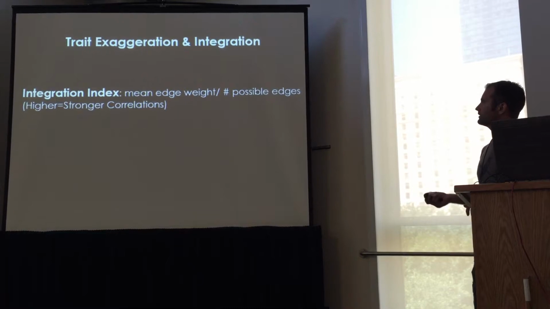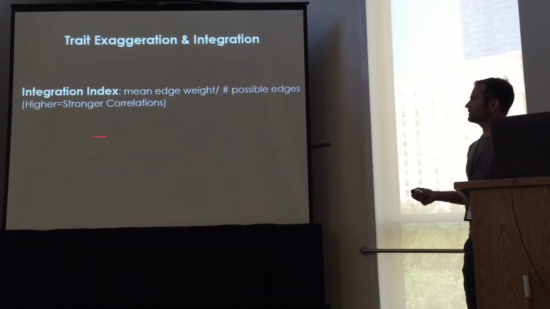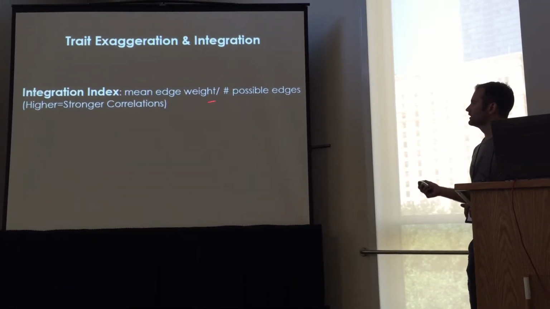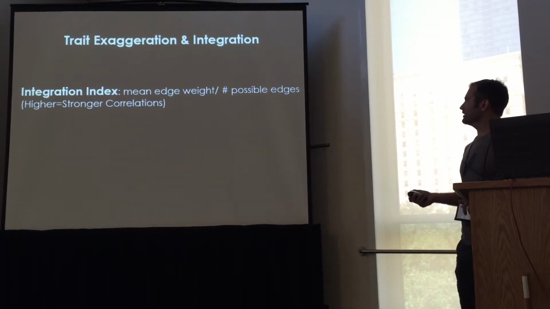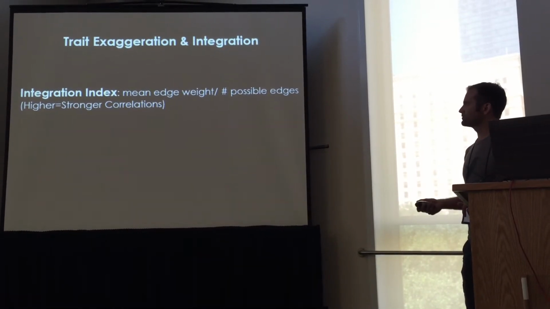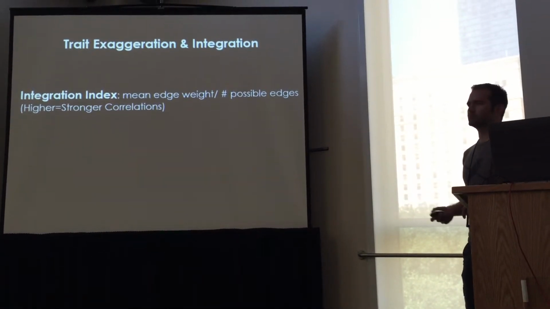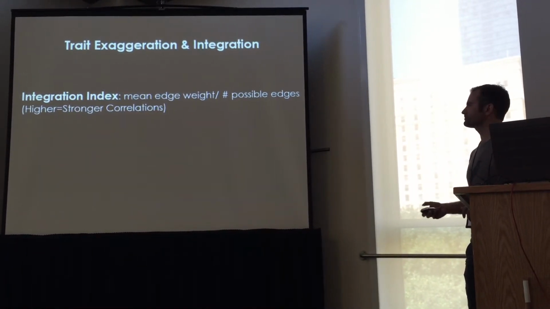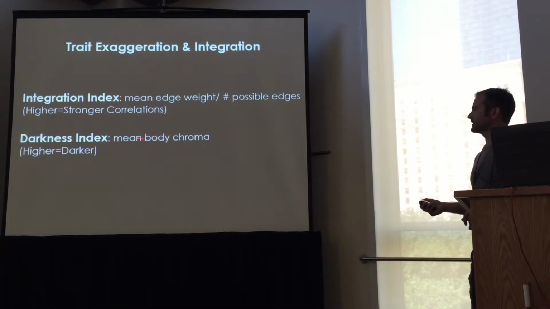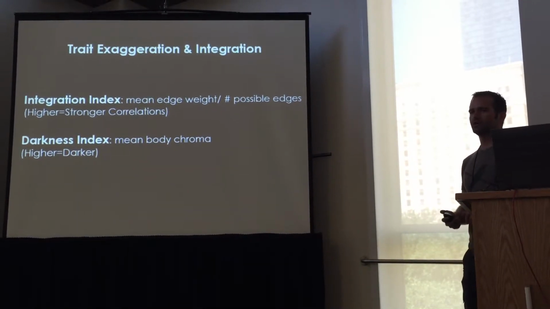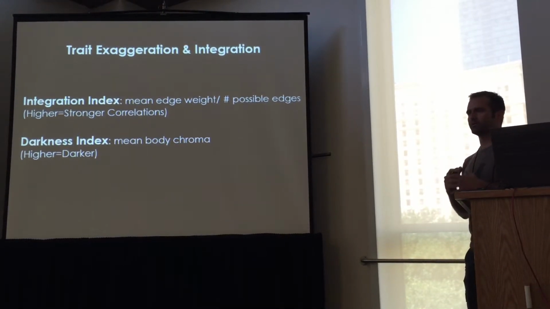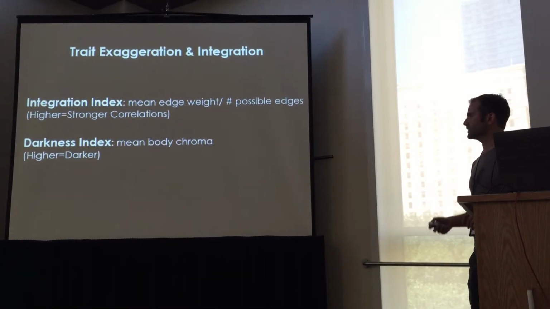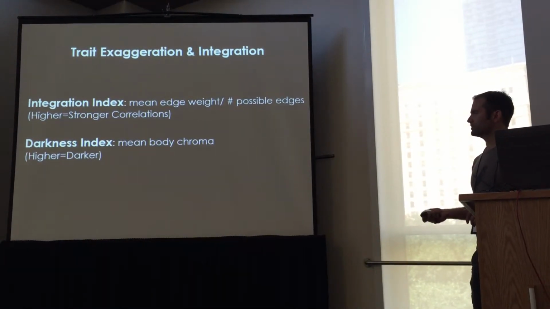To encapsulate an integration index, we calculated mean edge weight out of the number of possible edges, so a higher value means stronger correlation, stronger clustering, higher integration. And a darkness index, which is just mean body chroma for the three body patches, breast, belly, and vent, where higher would be darker.